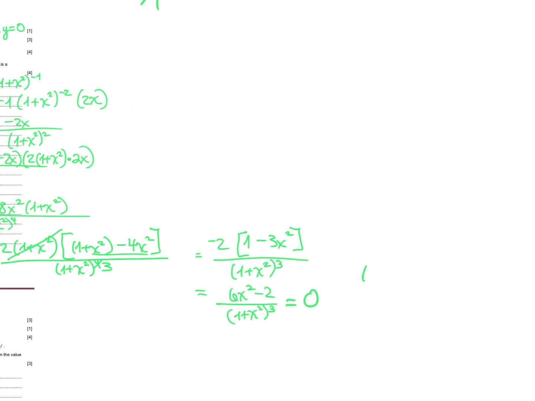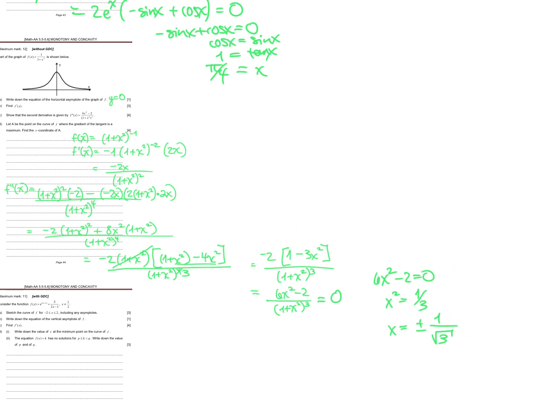So then we're going to have 6x squared minus 2. So x squared is 2 over 6, 1/3. So x is plus or minus root 1 over root 3. So those, I think both of those are the answer.